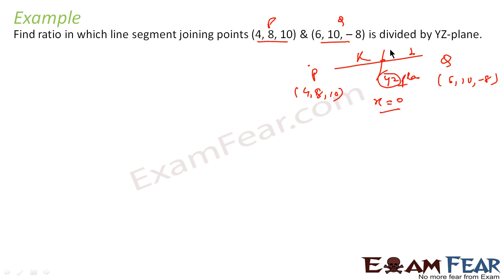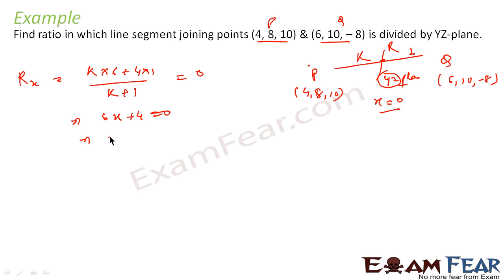And let's suppose this point is R. So the x of point R is nothing but (k into 6 plus 4 into 1) by (k plus 1), and this value is equal to 0, we are told, correct? So we get 6k plus 4 is equal to 0, or k is equal to minus 2 by 3.